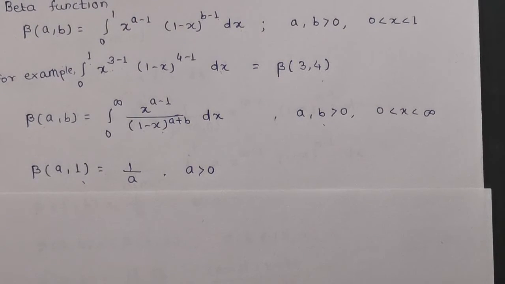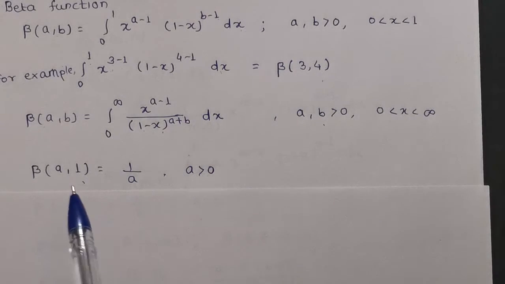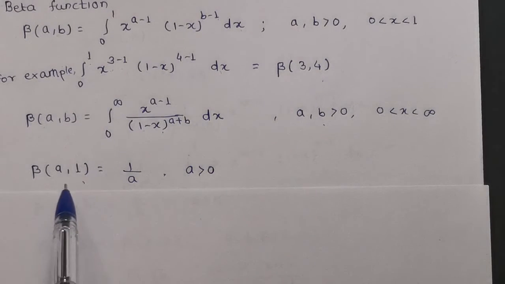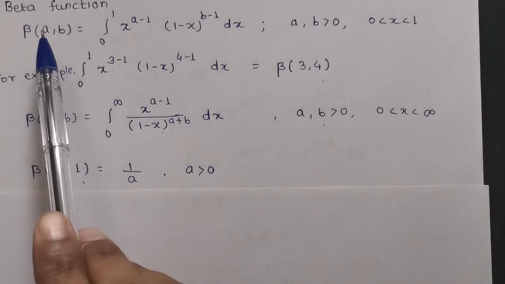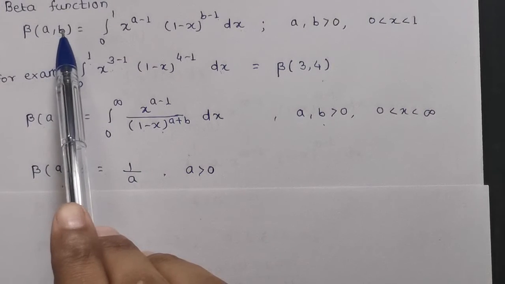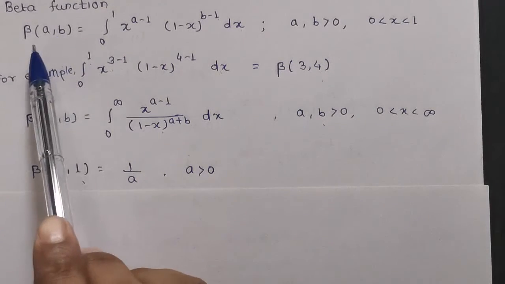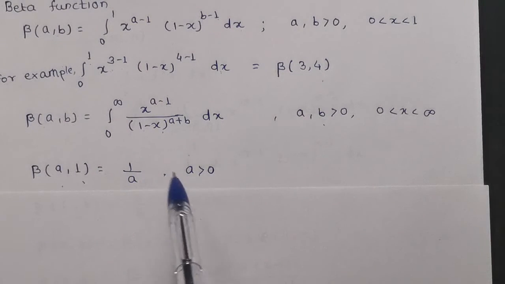Further, we will see some basic properties of beta function. Whatever the value of a, if I fix b equal to 1, then we get beta(a,1) equal to 1 upon a, where a is greater than 0.